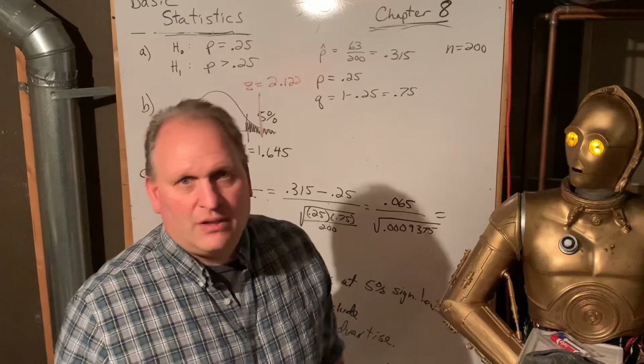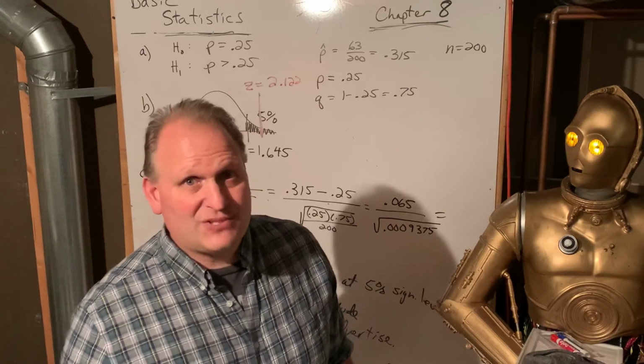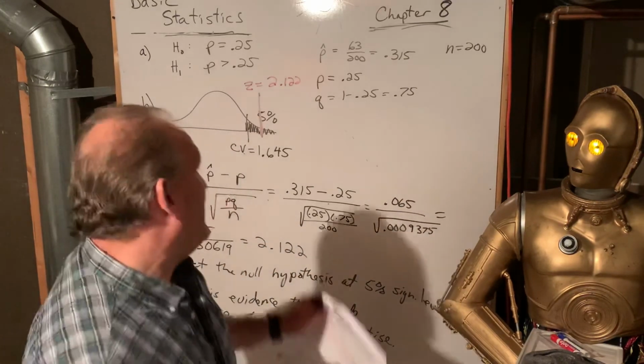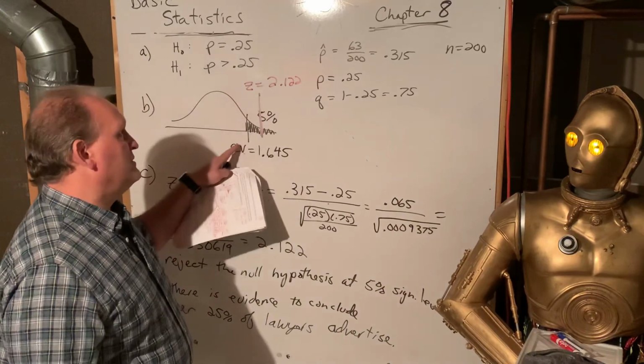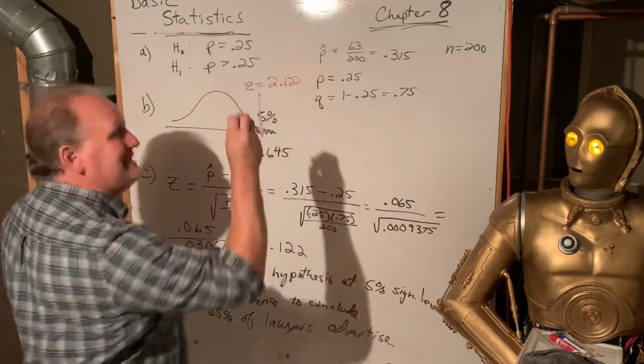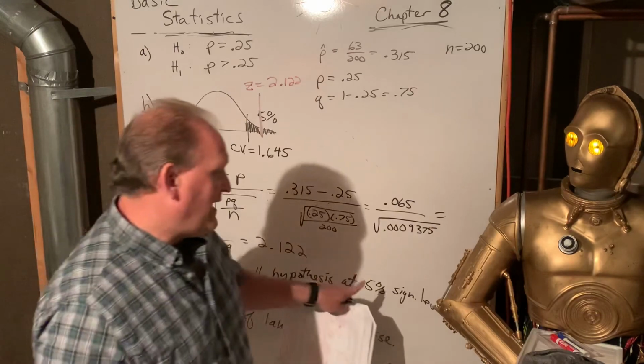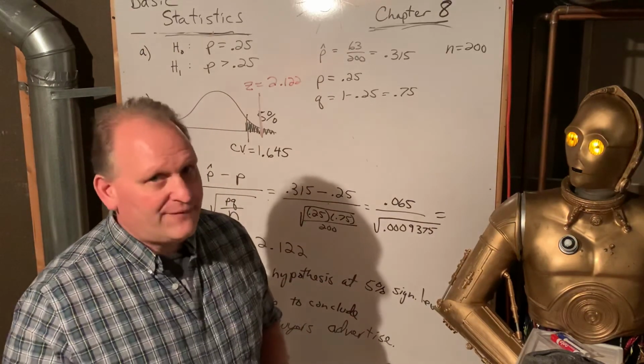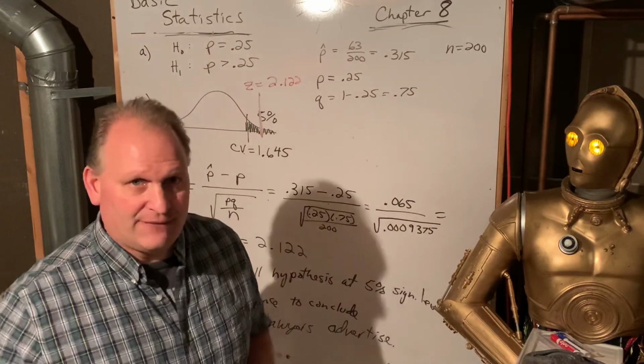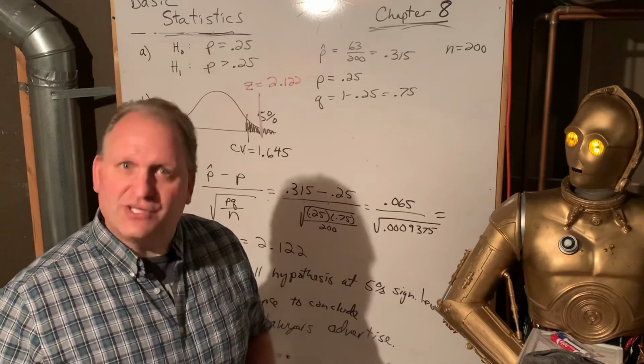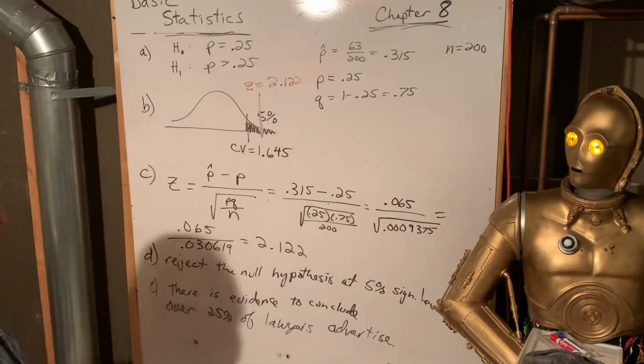A lot of people say, well, 7% is small. But if you have it set at 5%, we would fail to reject. It's not significantly different at the 5% level. It is different, but it's not significantly different. That's what we're talking about with hypothesis testing.